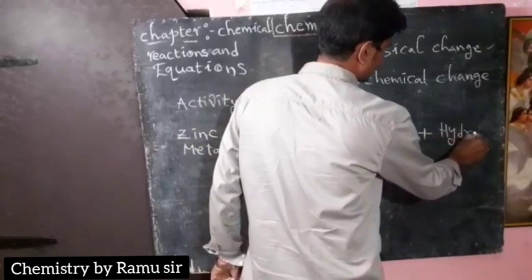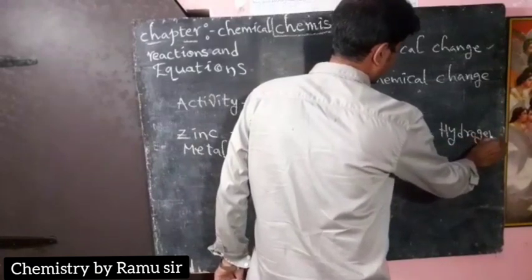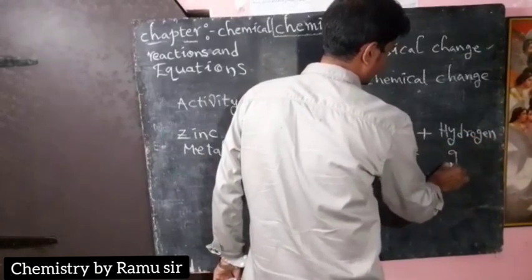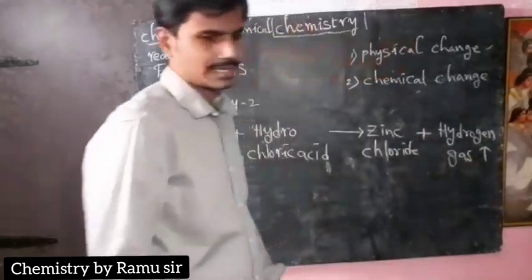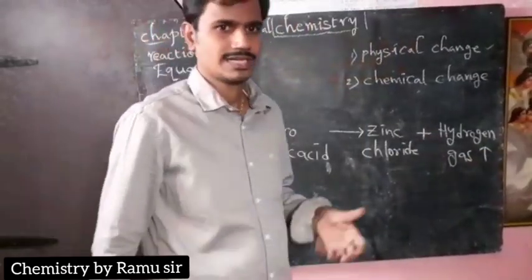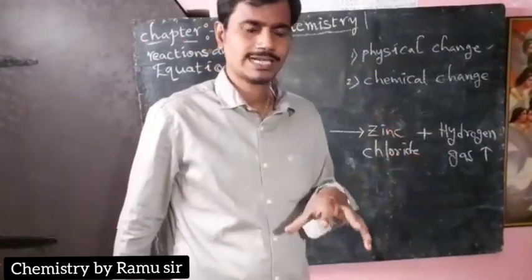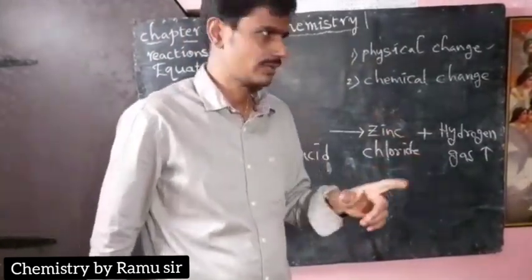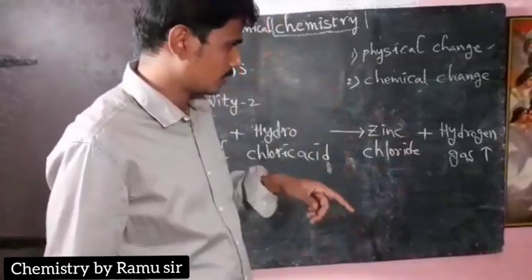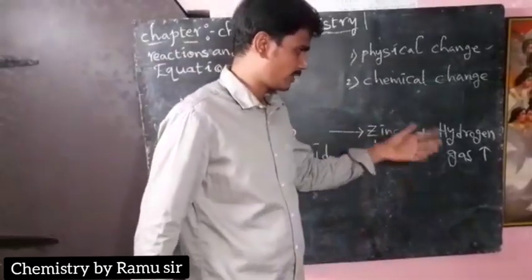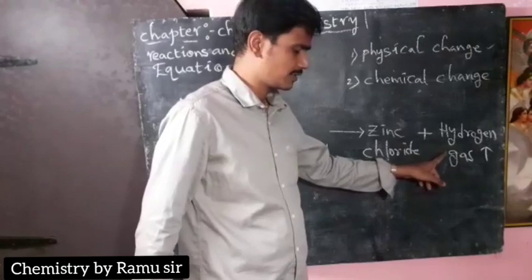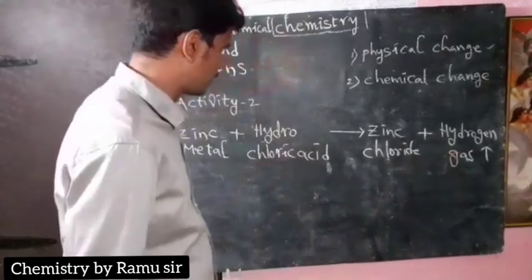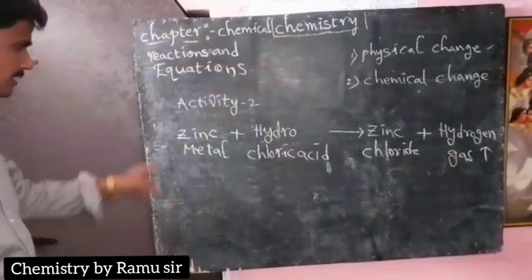Here hydrogen gas is a gaseous product, that is why we represent it with an upward arrow. Earlier, a precipitate is an insoluble substance which settles at the bottom of the test tube, that is why we represent it with a downward arrow. Here the product is in the gaseous state, that is why we represent it with an upward arrow. So this is the word equation for this activity.